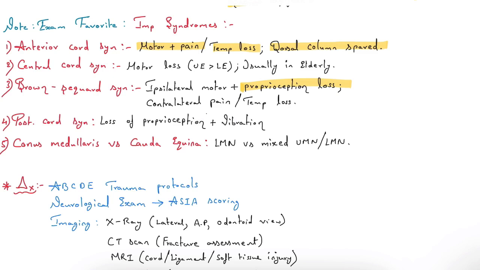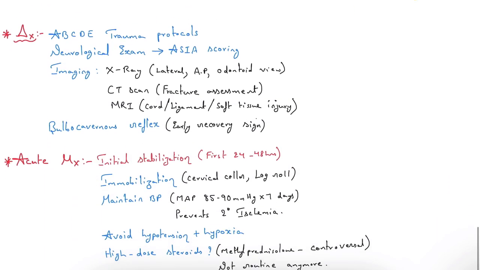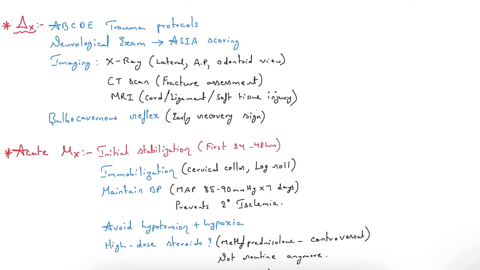Okay. Next one, management. Next one, diagnosis. In diagnosis we can follow the ABCDE trauma protocol: airway, breathing, circulation, disability and exposure, everything we have to check. Then we can do a neurological examination based on the American Spinal Cord Injury Association impairment scale.